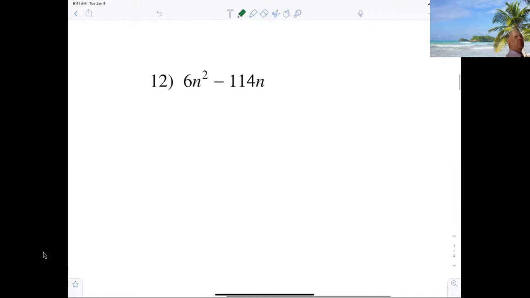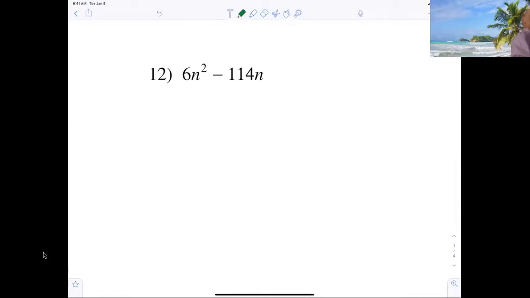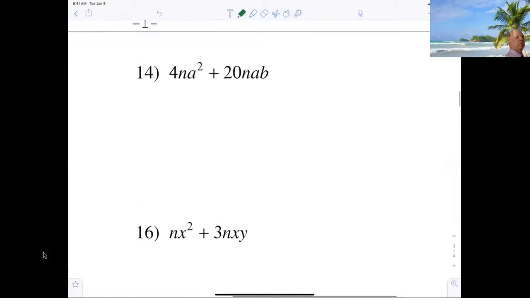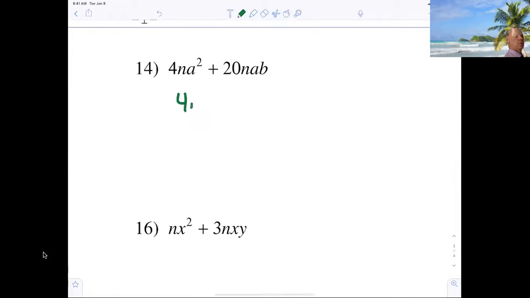All right, 12. All the way over. Who's going? 6n, parentheses, n minus 13. Wow, that was pretty good. All right, 14, go. A plus what? That's all right.